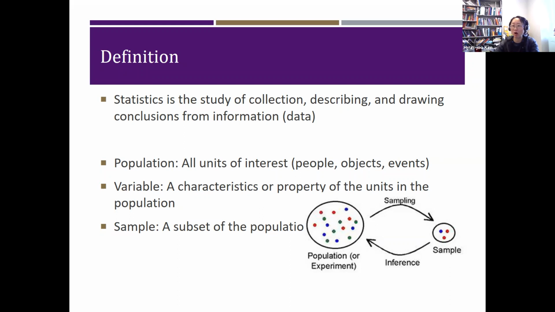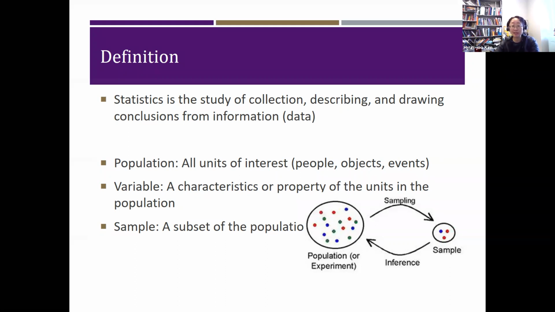So it's not always people. The basic definition is that the whole group of interest is called the population. For example, say we ask how many hours Truman students sleep. The whole group of interest is Truman students, so the population would be the entire Truman student body.